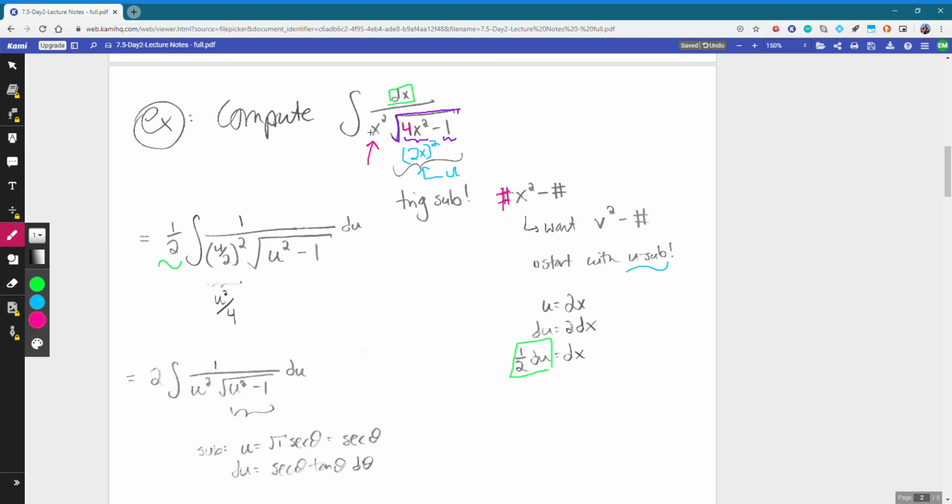Our x, we actually have to solve for using our substitution, right? So here we'd have u over 2 is x. And so that's what we'd have to plug in here. You could have also plugged in u over 2 for this x, and then the 2's will cancel, and you'll be left with the same thing over here, u squared. But anyways, outside the square root, the x squared becomes u over 2 squared.